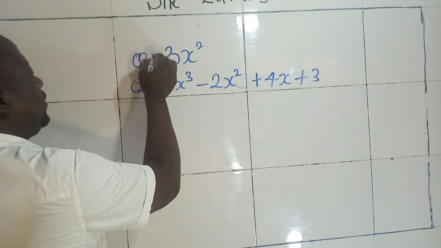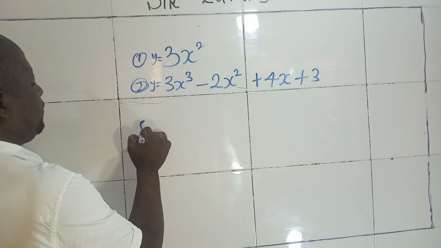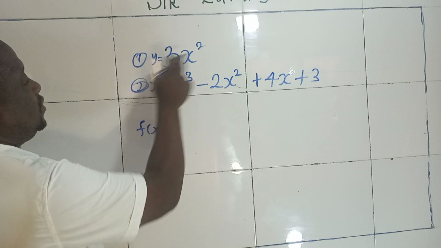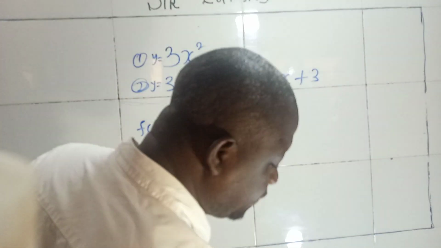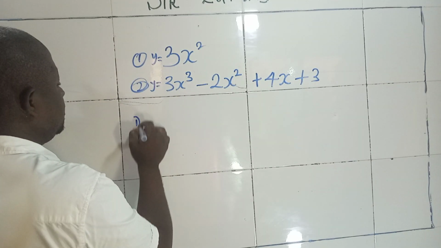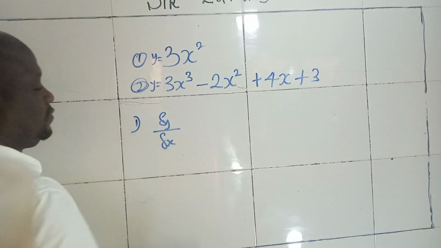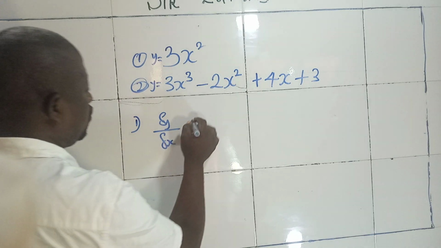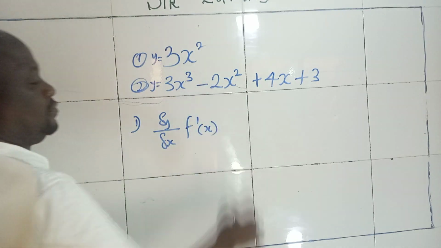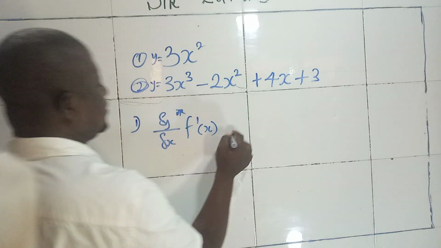Now they can say y is equal to this, or they can say f(x) is equal to this. So by the time you want to differentiate, for number 1, the differential will be dy/dx, or f'(x).